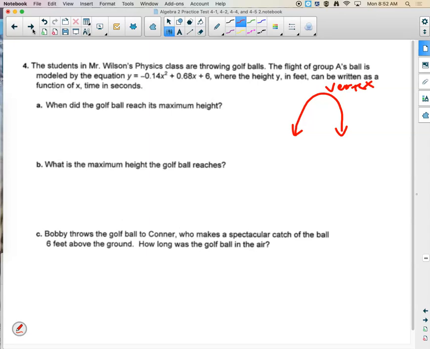If you wanted to double check, that would be great, but we know the formula for finding that vertex. X equals negative b over 2a. We're going to figure out what the x coordinate is, and then we can plug it back in and find that maximum height. So we will have negative 0.68 divided by 2 times negative 0.14.